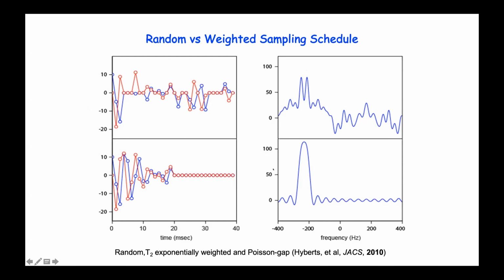So any sampling weighting, depending on how much you weight, is in between, meaning that you get better signal to noise and lower sampling artifacts, but worse resolution. And if you do less weighting, you get something like that. So there's always a trade-off, okay?